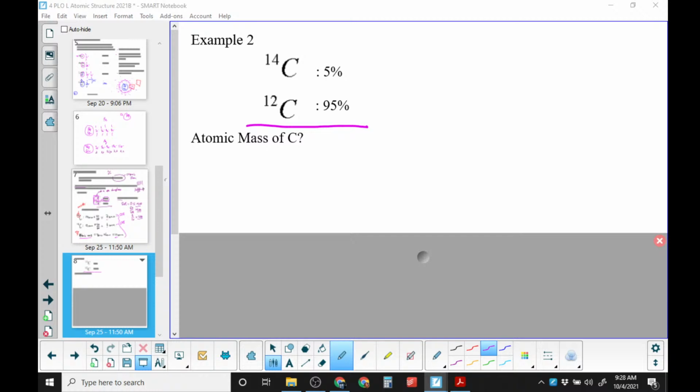So you don't have 50%, you have 5%. Show me the number you do get. First, write out all the calculations. Oh, you're calculating the first one? Yep.